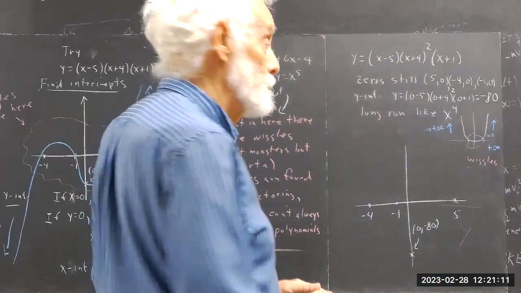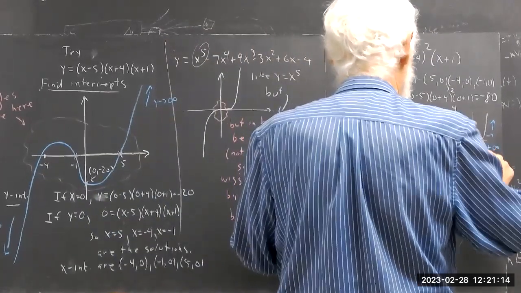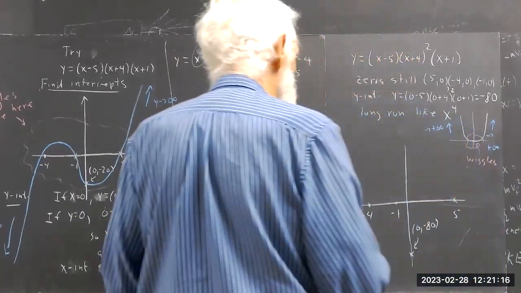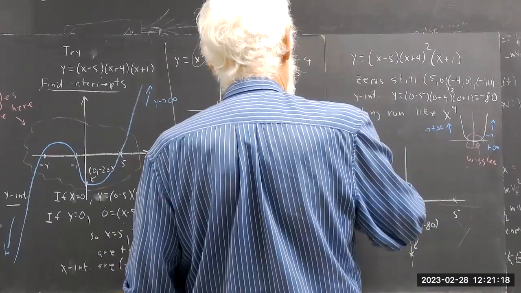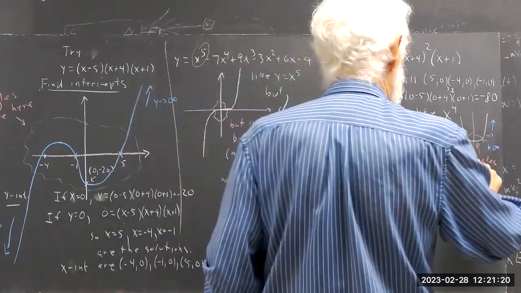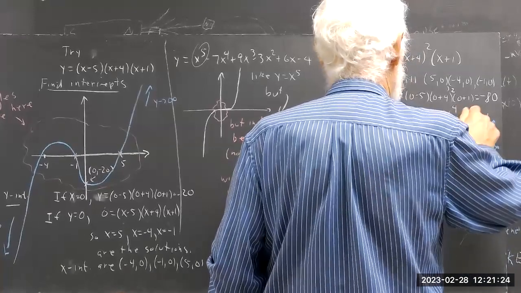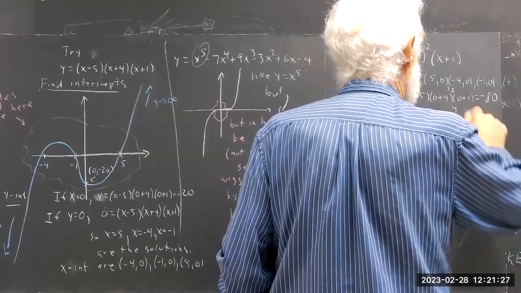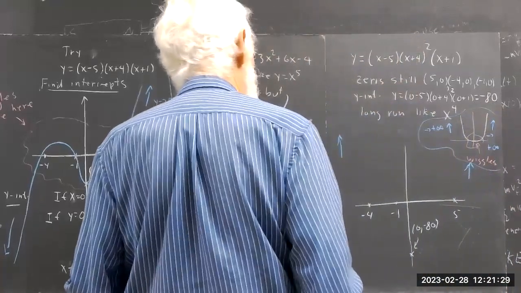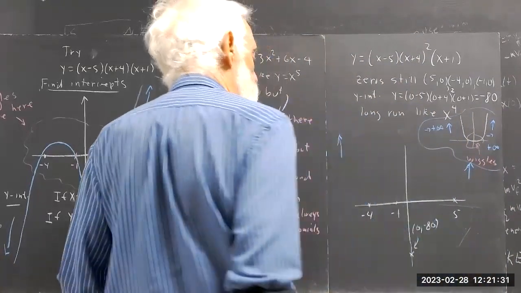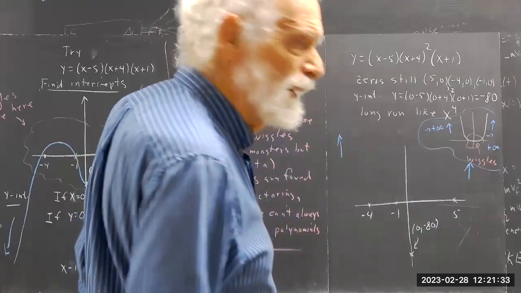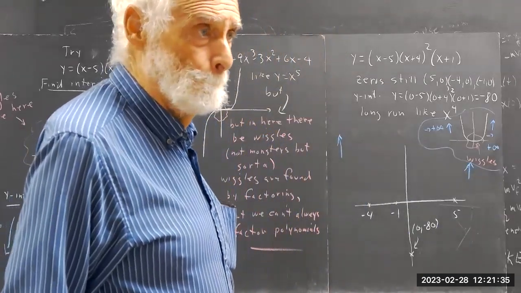So the long run behavior has to do this, this, and this. We've got to go through these points. How are we going to manage that?